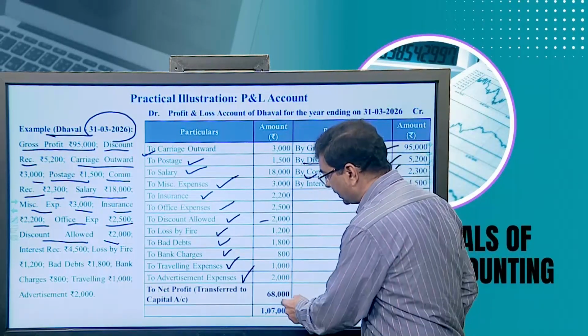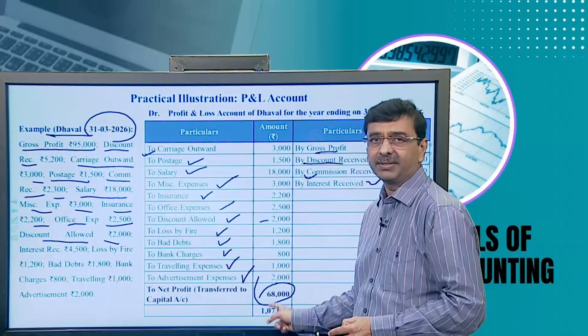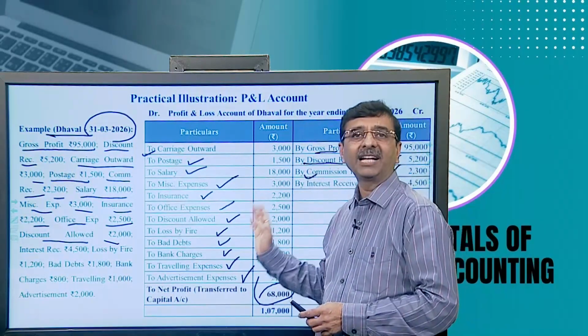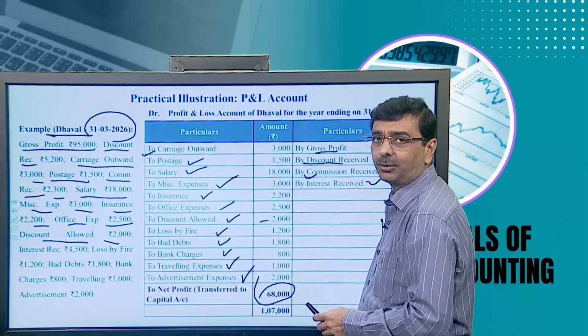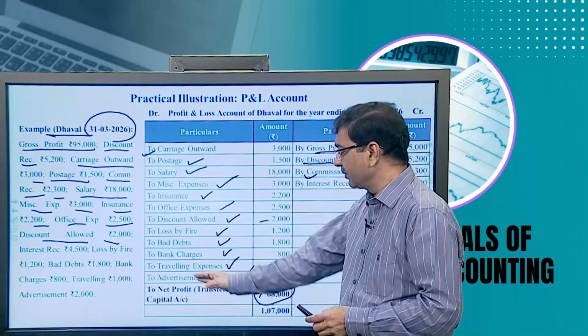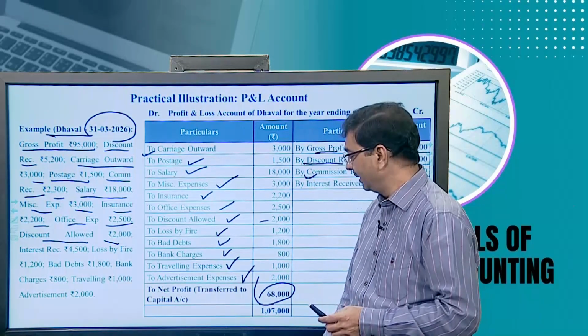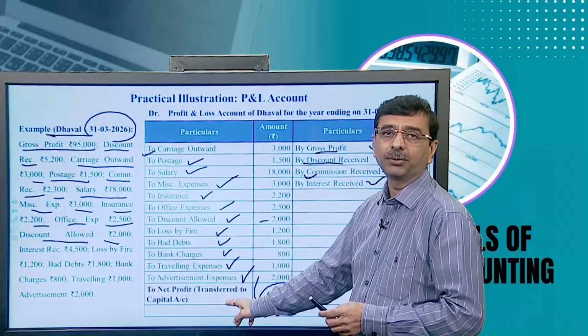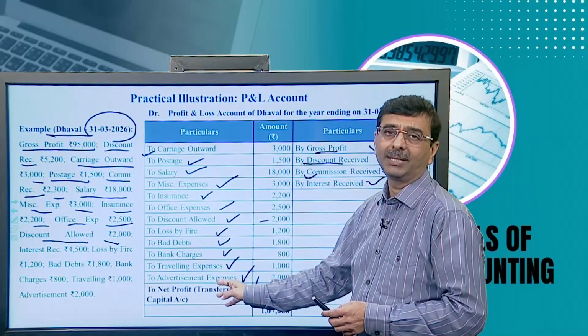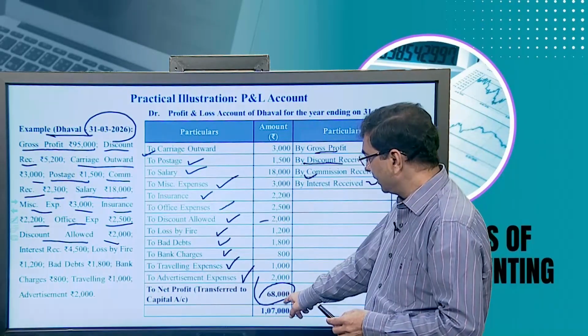The deficit is on the debit side. That's why it's considered net profit. The credit side total is higher than the debit, and that difference is 68,000. So that's the net profit, which is to be transferred to the balance sheet and added into the capital. So transfer into the balance sheet capital account, that is 68,000.